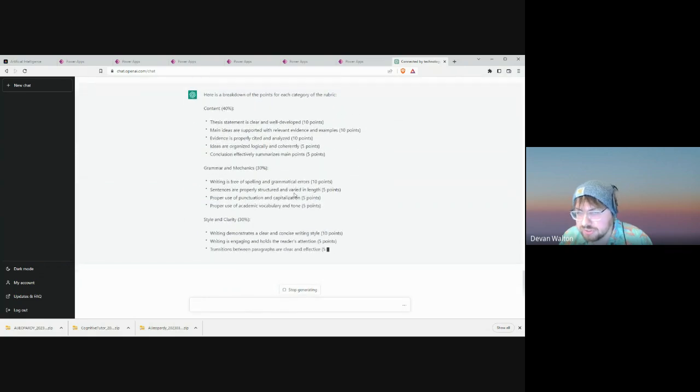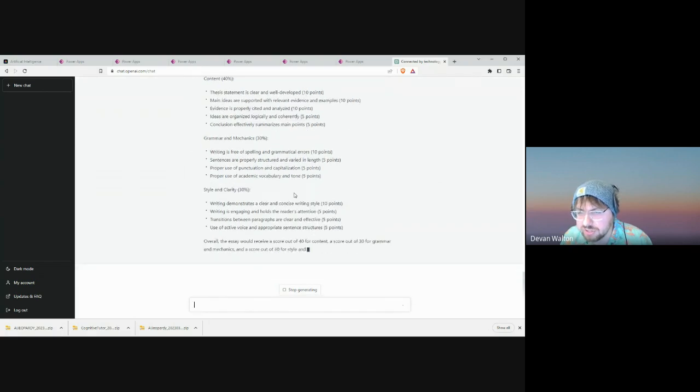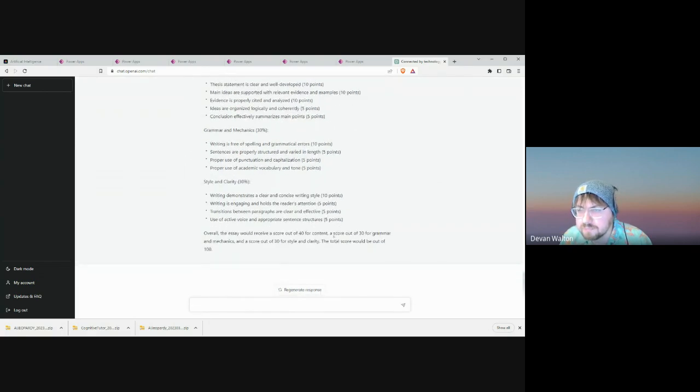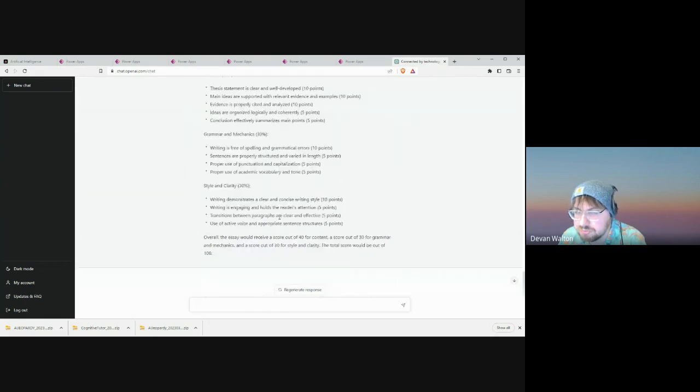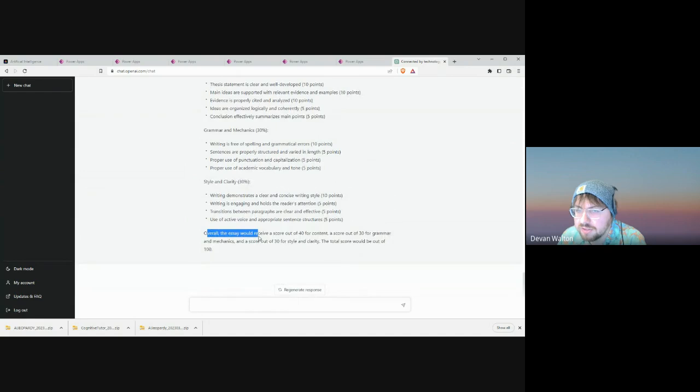So now we have points associated with each of the categories that we want to evaluate for. And it's evaluating that essay by this points breakdown. So it's saying overall, this essay would receive a score out of 40 for content, a score out of 30 for grammar, and a score out of 30 for style and clarity. So it's giving it 100.